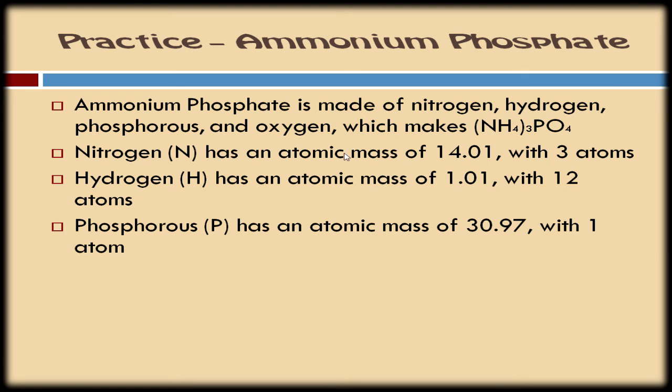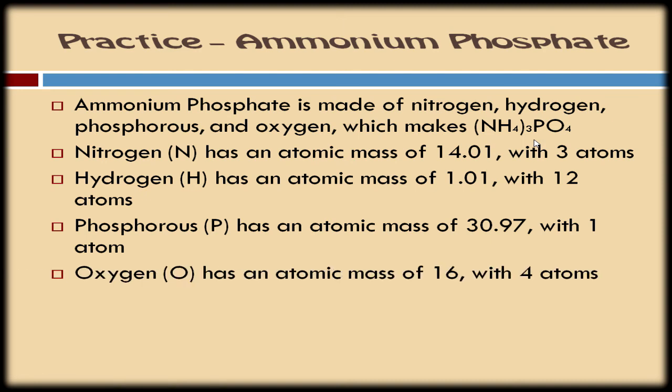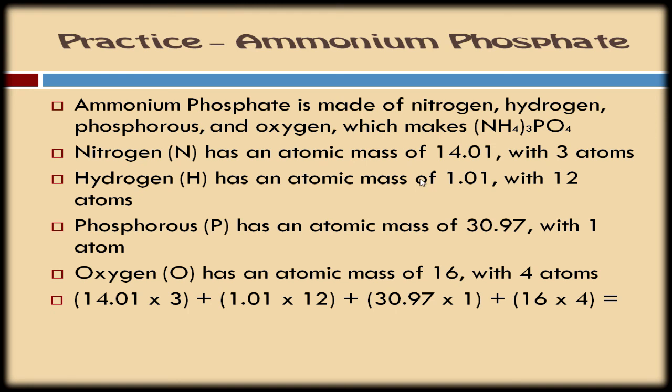Now, phosphorus has an atomic mass of 30.97, straight from the periodic table, and it only has 1 atom, as there is 1 hiding in there, but you don't write 1. And oxygen has an atomic mass of 16 with 4 atoms, as you can see the 4 right there. So now, once you add these 4 together, you get 14.01 times 3, since it has 3 atoms.